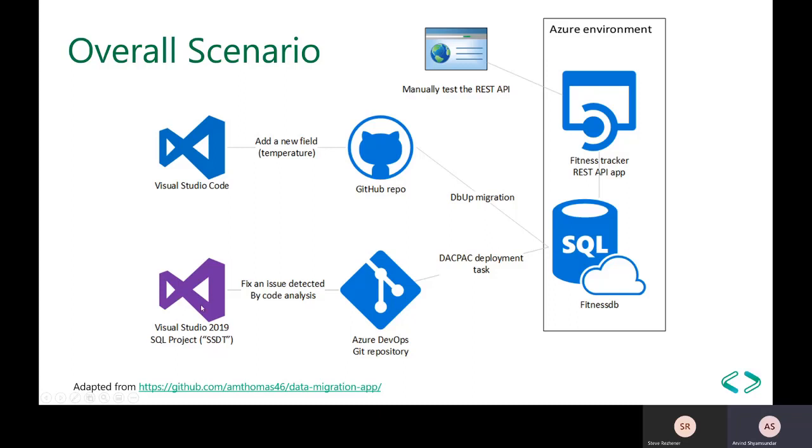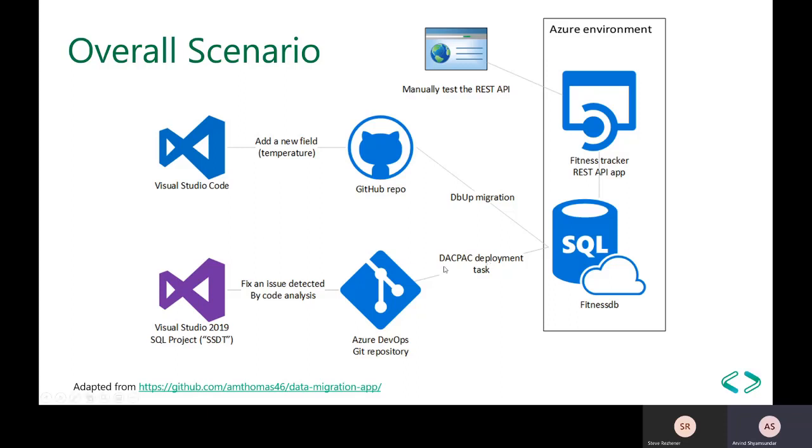So the reason I'm showing you these two demos or two flows is to contrast as well the different types of database deployment or database development philosophies that are out there. And DbUp is based on a philosophy where you incrementally specify the changes as a set of alter commands, like alter table or alter procedure, and so on and so forth.